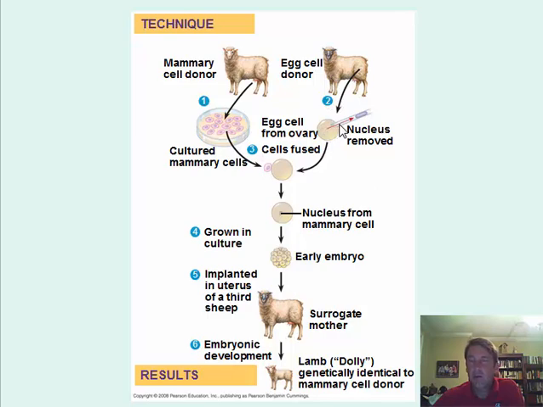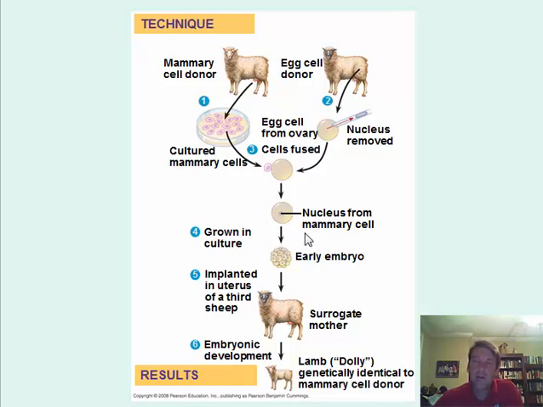The egg cell's nucleus is extracted, so it's just a blank egg cell, and then we culture these two cells together, and the nucleus from this mammary cell will go into the egg cell, and now we have one egg cell with a new complete diploid nucleus. And so it then acts as a zygote and starts to develop and grow.